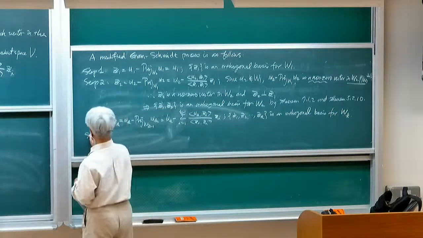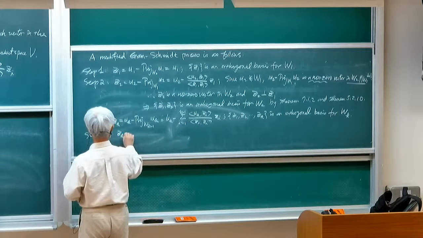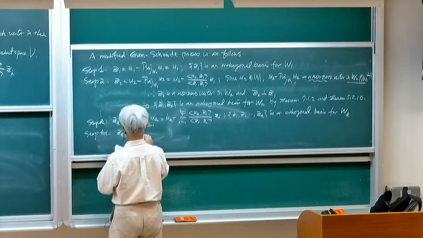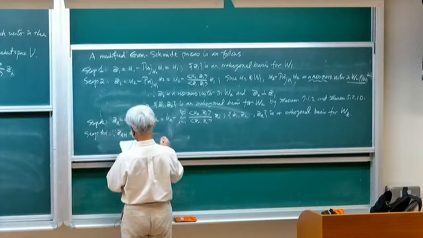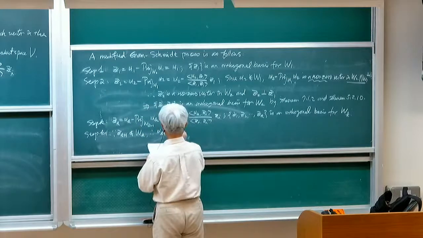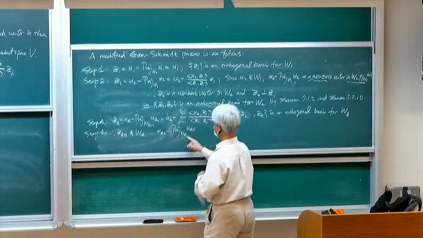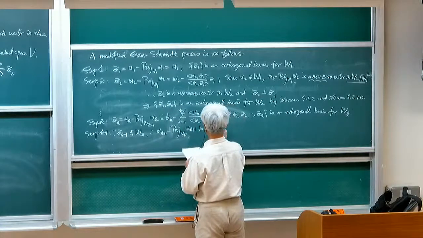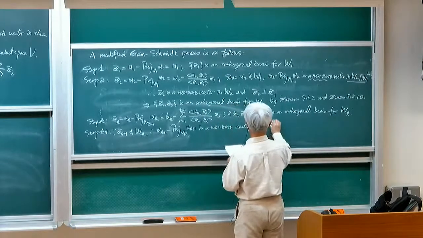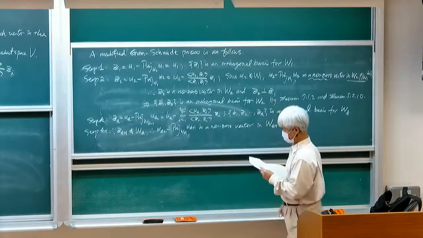All right, so now we go to step K plus 1. Again, ZK plus 1 is not in WK, right? Because U sub K plus 1 minus the orthogonal projection of U sub K plus 1 onto WK is a non-zero vector in WK plus 1 intersect WK perp.